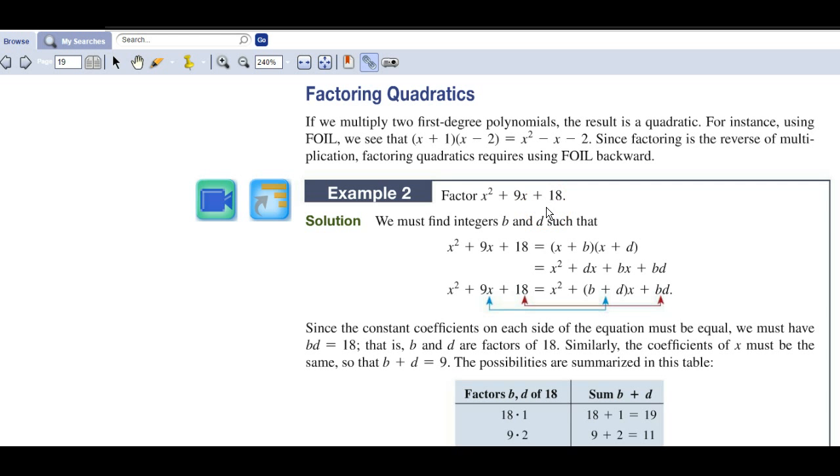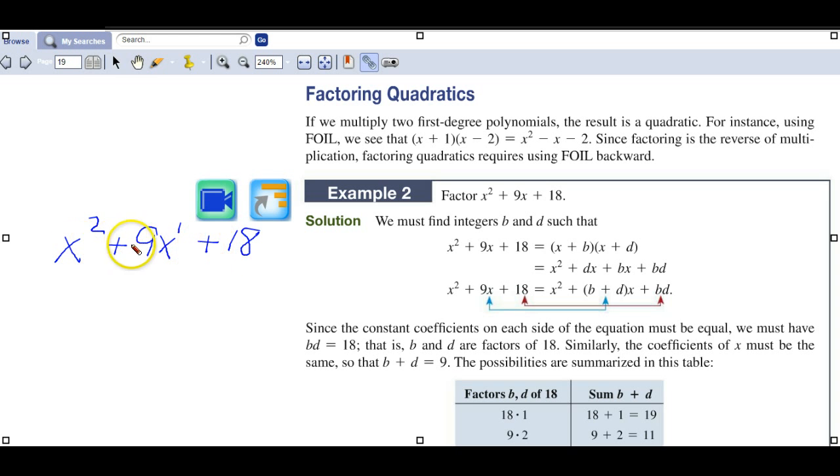So there is a process, and let me set it up for you. In your homework log or your notes, you're going to write out the trinomial they want you to factor. And you put it in what we call standard form, that is descending from degree 2 to 1 to 0. So this is in standard form.